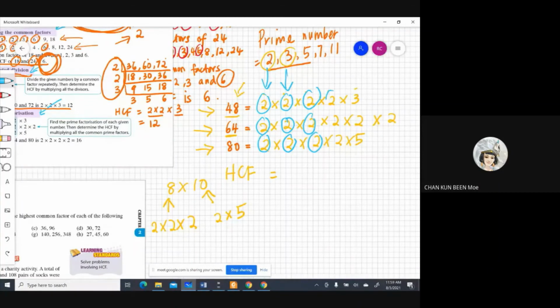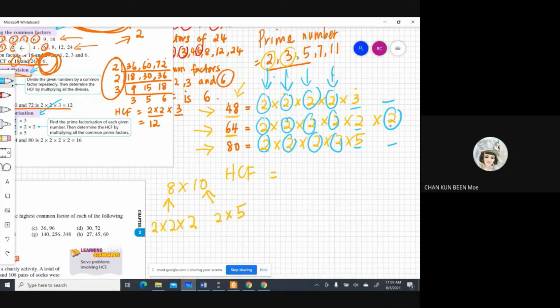Another 2, another 2. But this one, the number is not the same, so we cannot tag. This one has no number at the back, only 2 here, so we also cannot tag that. So we are going to tag the ones with the arrow.